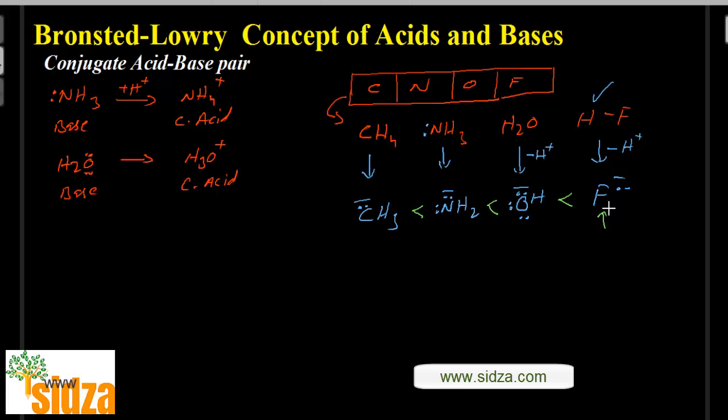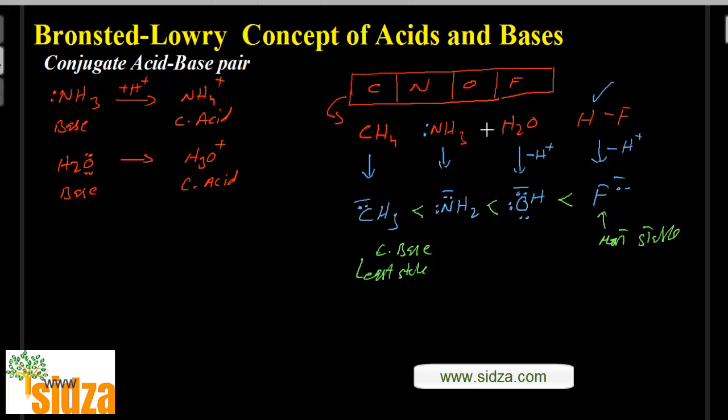Oxygen is a little less electronegative than fluorine, nitrogen is less, and carbon is much less. These are the conjugate bases of the corresponding acids. This one is the most stable, and this is the least stable one.